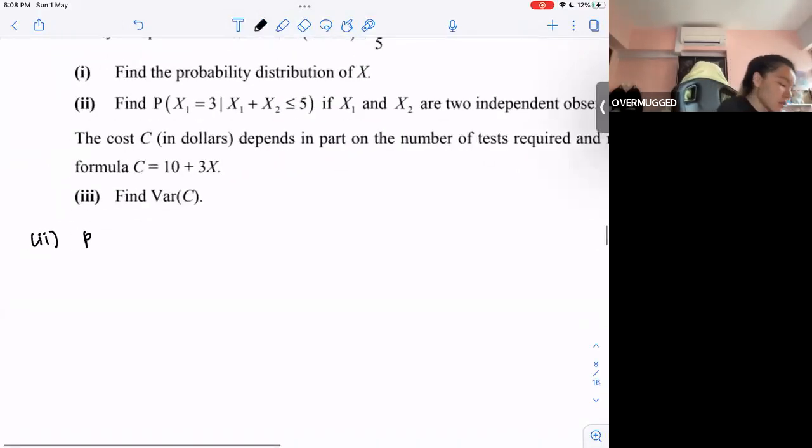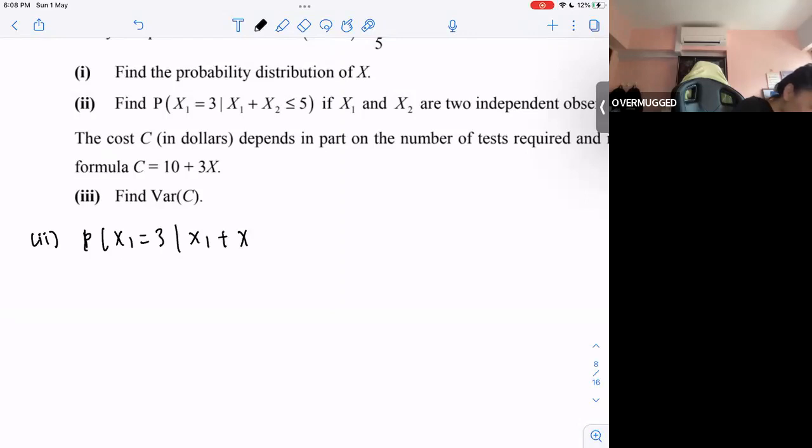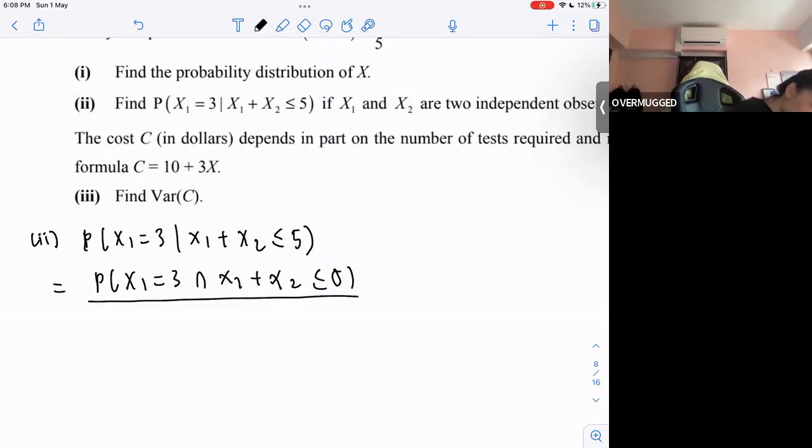So the probability of x1 being 3 given x1 plus x2 is less than or equal to 5 is actually the probability of x1 being 3 and x1 plus x2 less than or equal to 5, over the probability of the second one, which is x1 plus x2 being less than or equal to 5. So this is from your conditional probability.